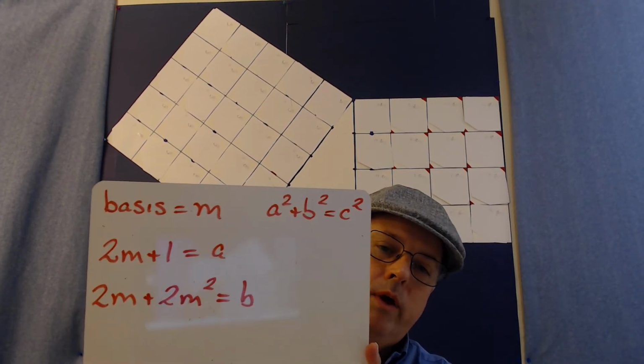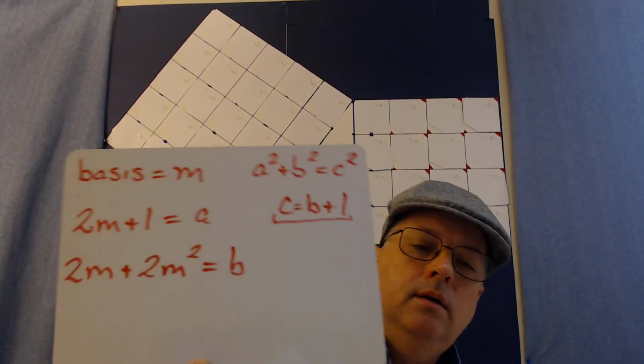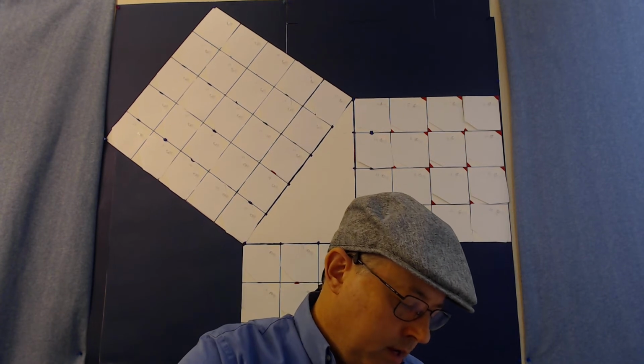And now we remember that this formula that we're illustrating here is where the C value is 1 more than the B value. So we're going to bring these A's and B's together in such a way.